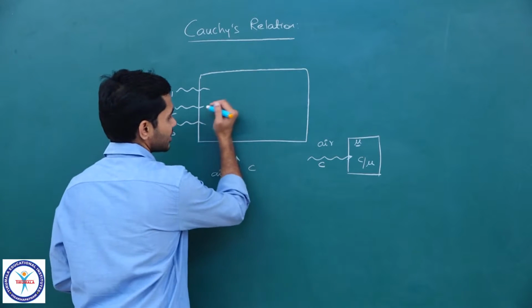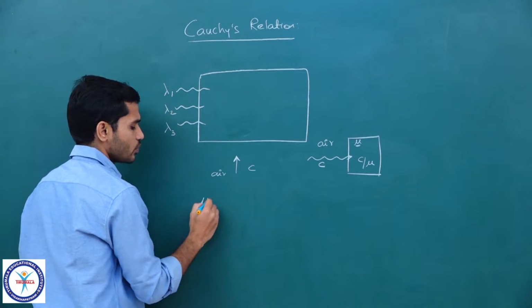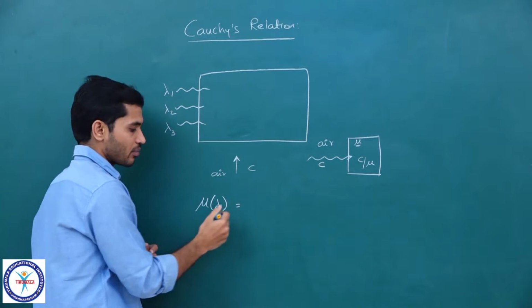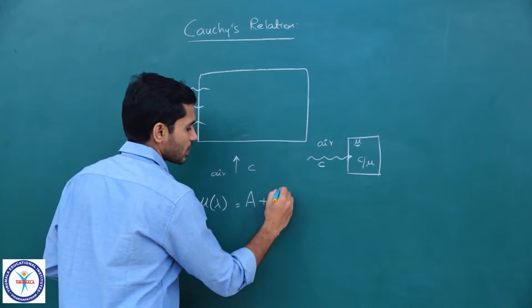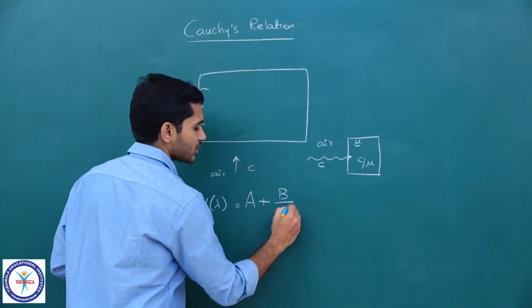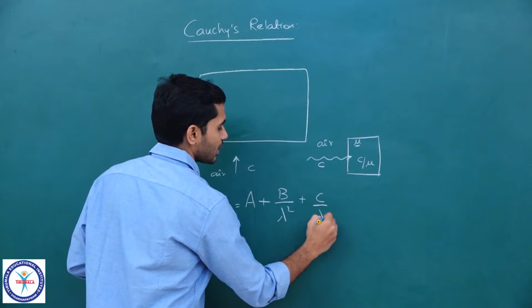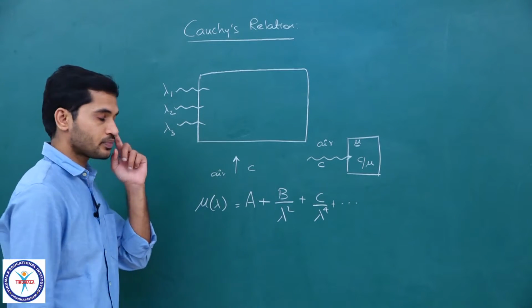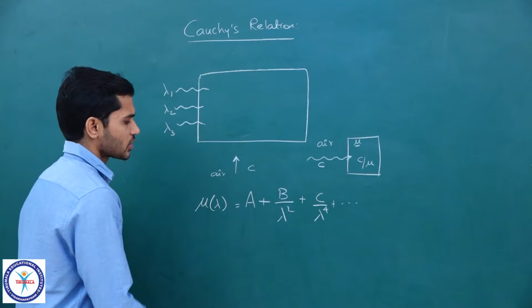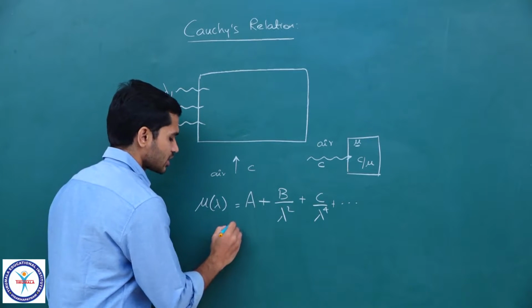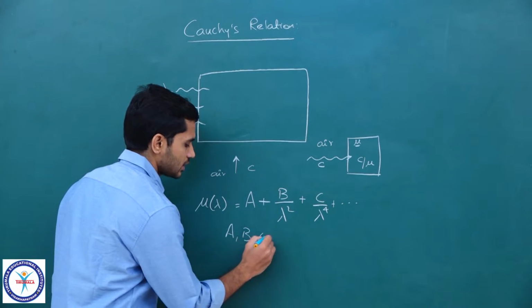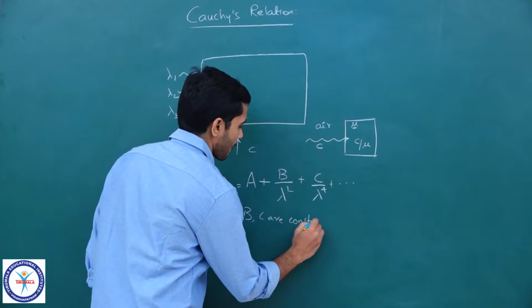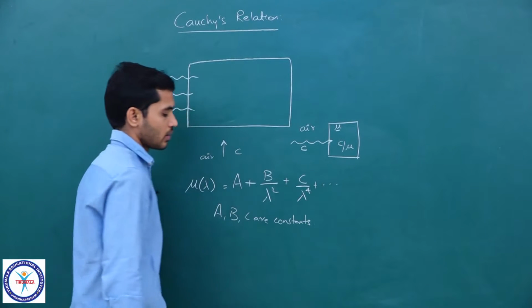The relation is like this: mu of lambda, meaning mu as a function of lambda, can be written as a plus b by lambda square plus c by lambda power 4 plus so on. That is the expression, and a, b, c are constants which depend on the medium.